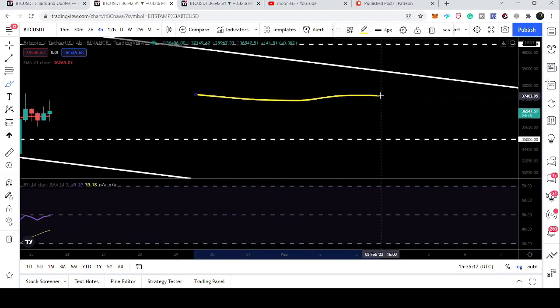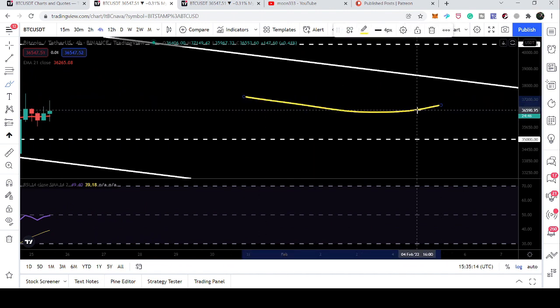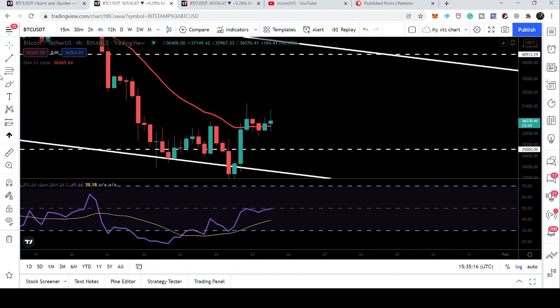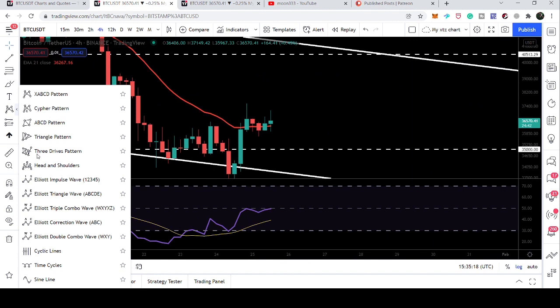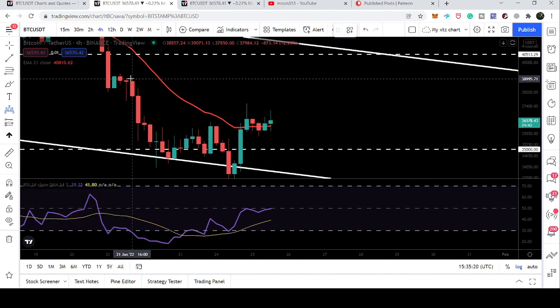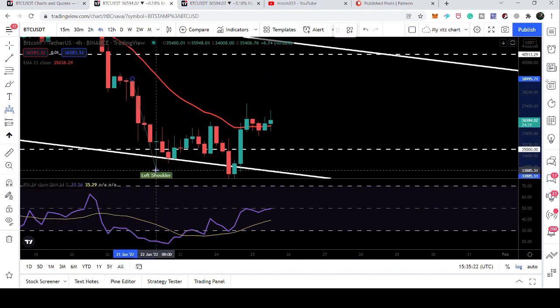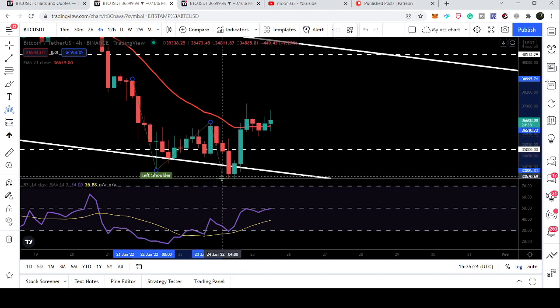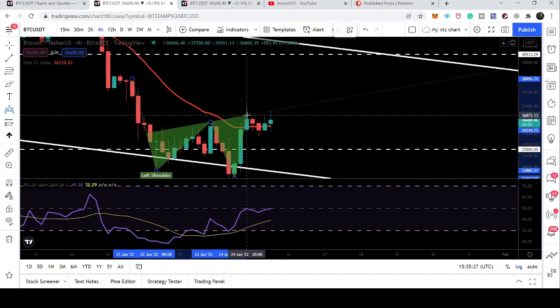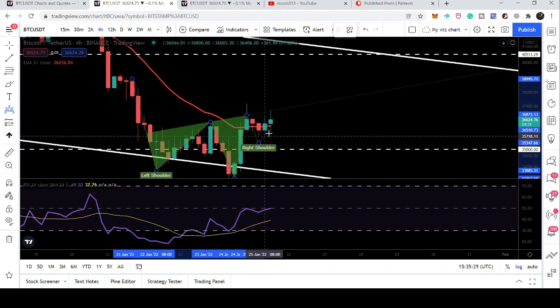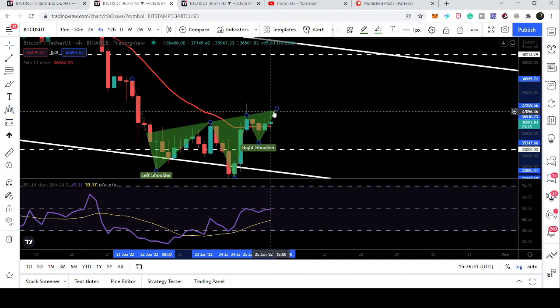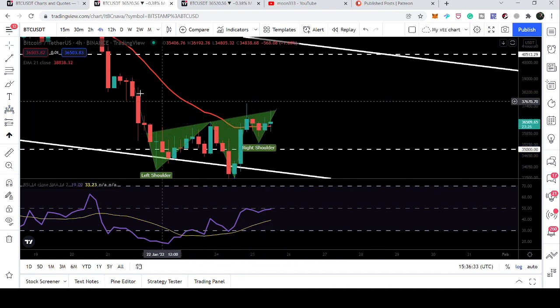Let me place the pattern here so it will be more visible for you. I'm just going to select the pattern tool from here, and this is the left shoulder, and now we have here the head, and here we have the neckline, and this is the right shoulder. And right now we have reached the neckline of this head and shoulder pattern.